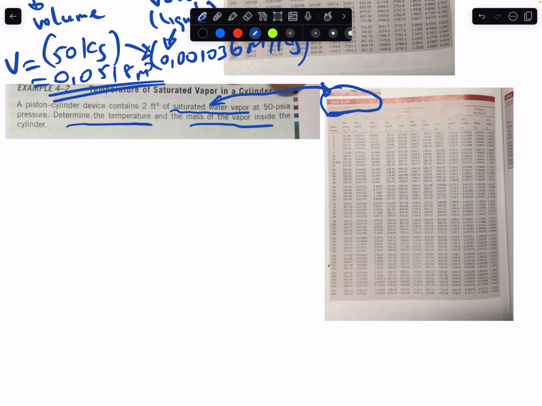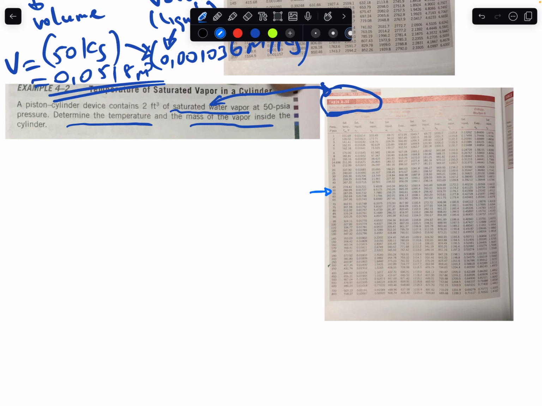So what am I looking at? I need to get the temperature for saturated water vapor. If I look at my pressure, which is what I showed you in the previous example, this is the pressure. I think you don't see what is there, so let me clean this so you can see. So this is what I have. This is the saturated water vapor. That is the pressure.